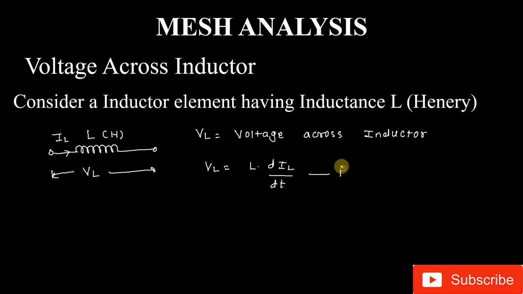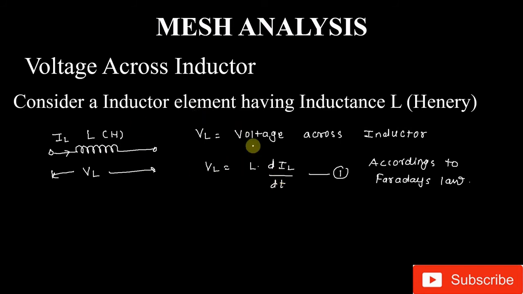This is according to Faraday's law. So the voltage across any inductor is equal to L di by dt, that is, the rate of change of current with respect to time.